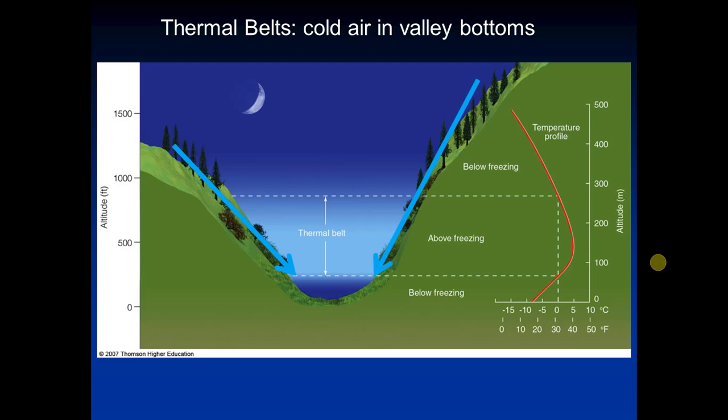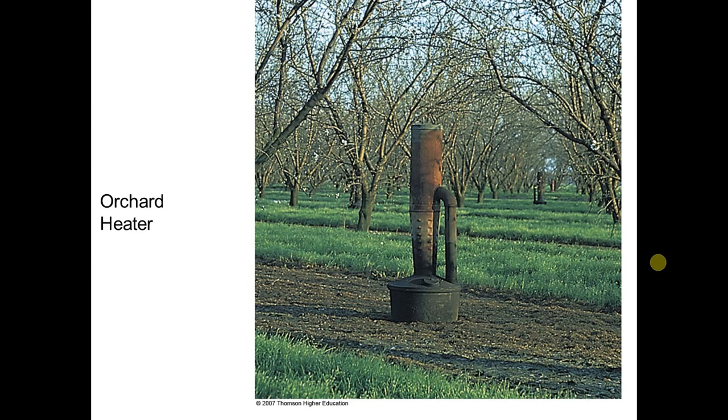One way this increase can be achieved is to use orchard heaters, shown here, which warm the air around them by setting up convection currents close to the ground. Moreover, heat energy radiated from these orchard heaters, which are powered by oil or natural gas, is intercepted by buds of trees, raising their temperature.